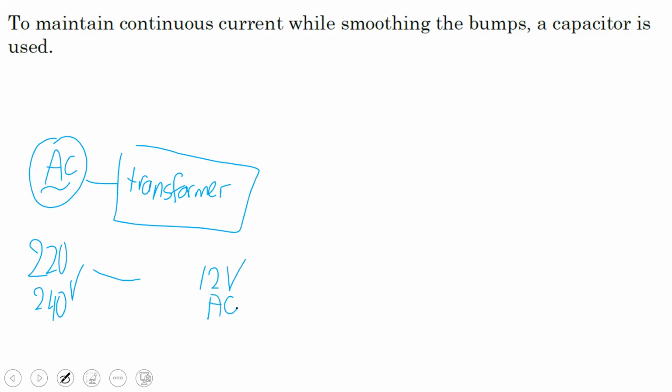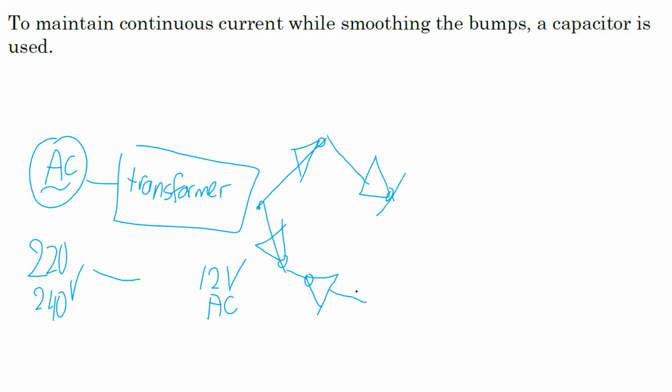It is still AC. Then this current is coming into the diode. When it's entering the diodes, we have two diodes like this. I think they are drawn like this. Then they are converting it to DC.